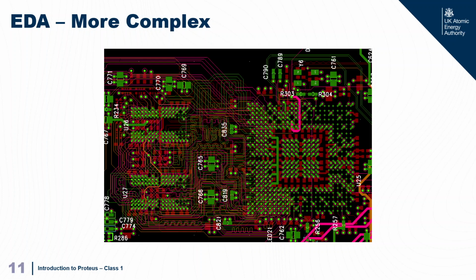So this is not the same circuit as the one previously, but it does demonstrate a lot of the modern techniques that we've got in EDA packages and tools available to us. So it's multi-layer. So how can you tell that circuit's multi-layer? Different colors. Yes. So there's loads of different colours.